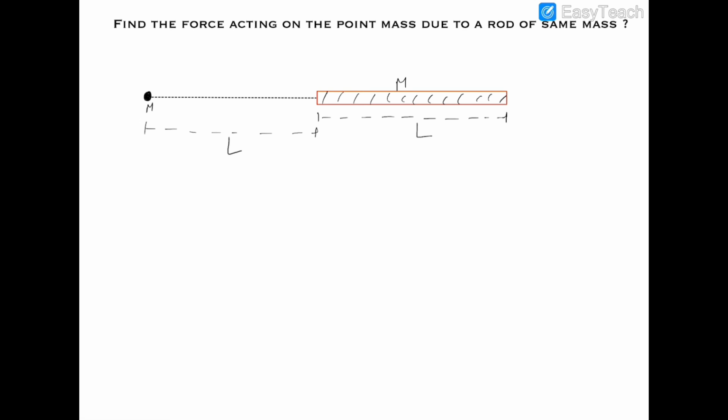So we have to assume an element which is so small that it may behave like a point mass, and therefore the width of this element is dx and the distance of this element from this point is x. So let us suppose that the mass of this element is dm, and dm will be equal to m by L into dx.